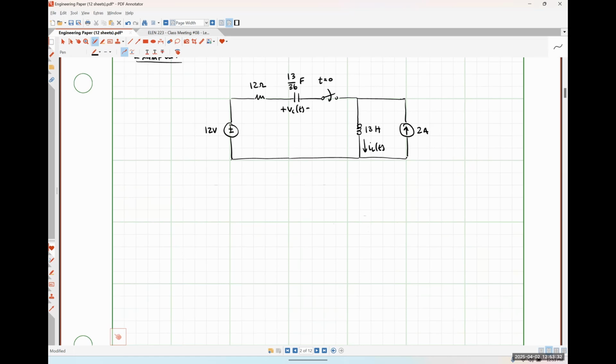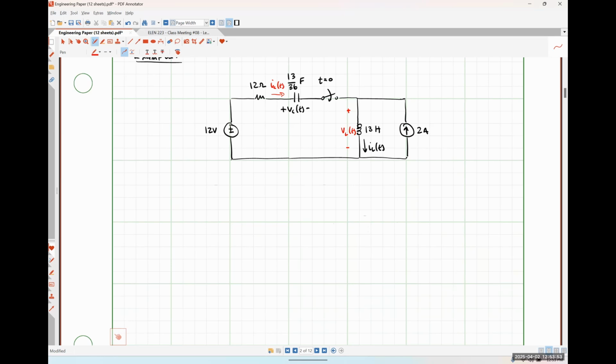For what it's worth, I'm also going to pay attention to, just in case I need it, the voltage drop across the inductor and the current flowing through the capacitor.